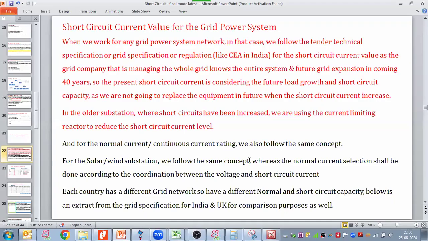Yes, sir. So you are making a 220 kV substation. No need to calculate the short circuit current. Go and take 40 kiloampere for the equipment, at least for the equipment.